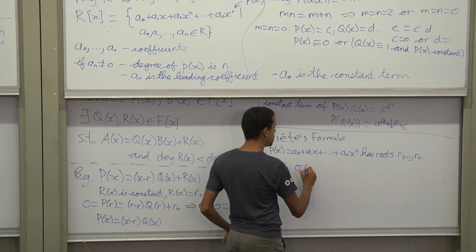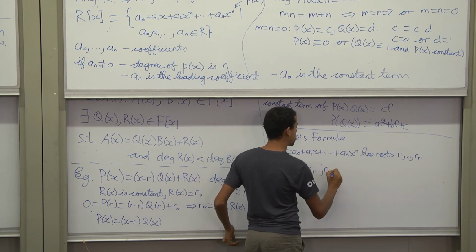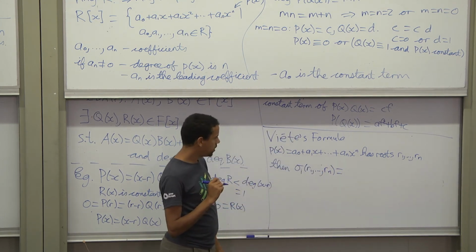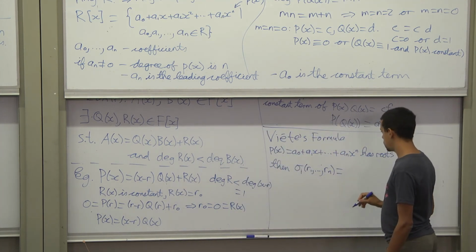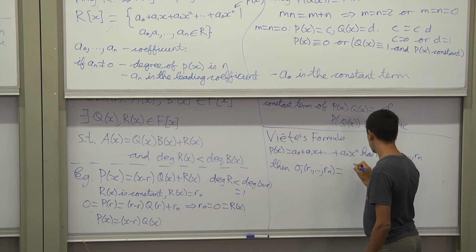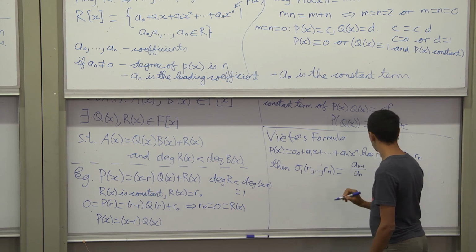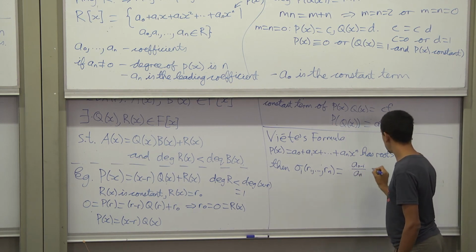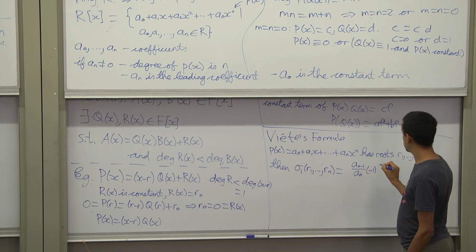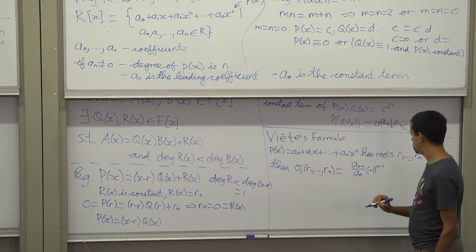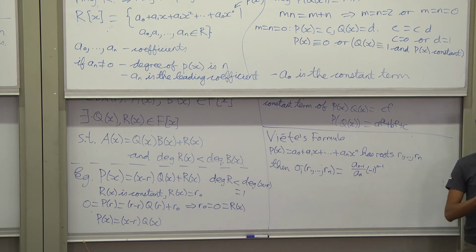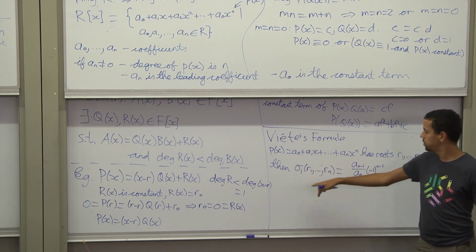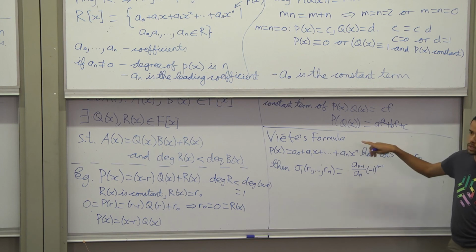If I want sigma I of these roots, that is going to be equal to An minus I divided by An, the leading coefficient, together with a negative 1 to the power of n minus I. So even without calculating the roots, I can get this particular combination of the roots in terms of the coefficients of the polynomial in a very easy way.